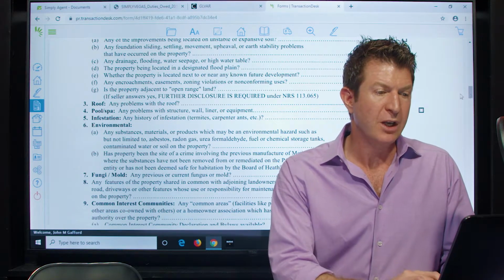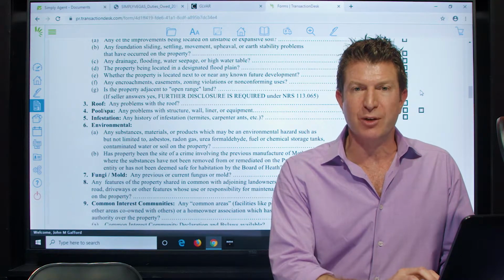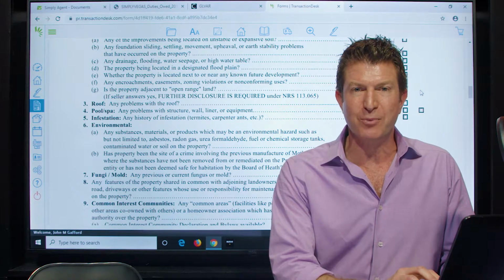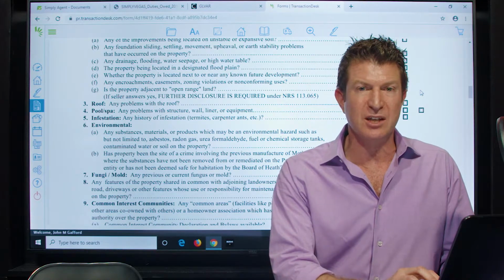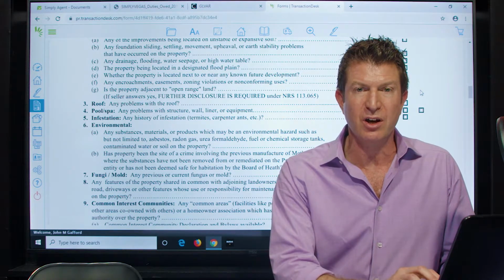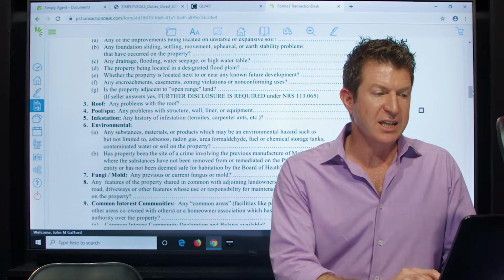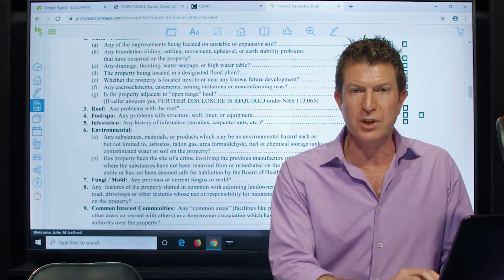Is the property located next to any known future development? This is really simple. If there's a piece of vacant land next door, that's a future development. If you are close to it, there is no harm in your seller addressing this. A lot of properties in town are adjacent or near future developments. Any encroachments, easements, zoning violations, or non-conforming uses.